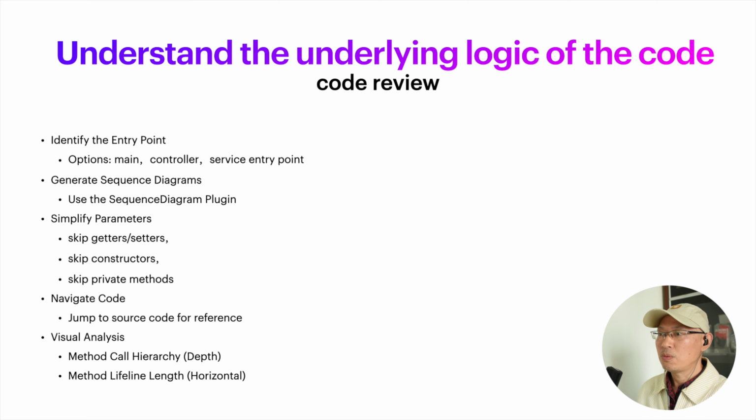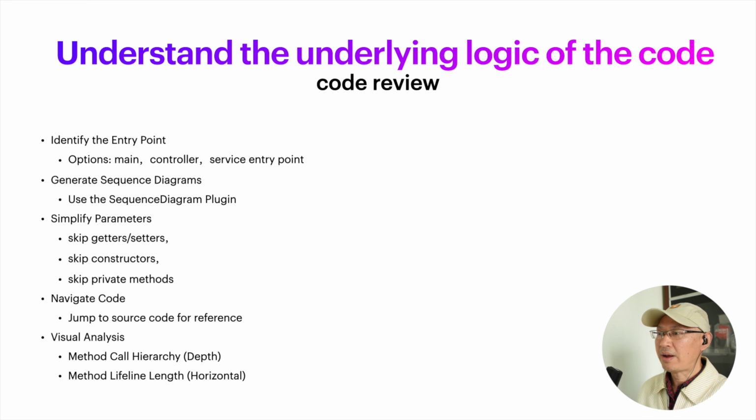Generally, you want to pick key entry points, like a main method, a controller method in a web app, or an entry point for a microservice. Once you pick these, the plugin can show the complex logic behind them in a diagram. Then, using double-click navigation, you can walk through step by step, whether you're going deeper layer by layer or using lifelines to understand the flow.